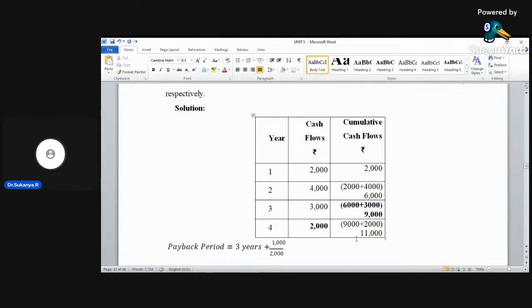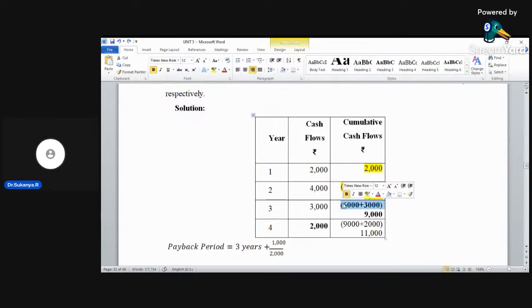So, dear students, by the end of the first year, you are able to get 2,000 rupees as the cumulative cash inflow. By the end of the second year, you get 6,000. By the end of the third year, you get 9,000.